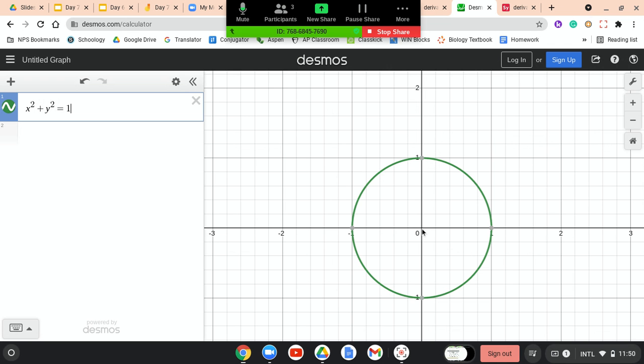No. Yeah, exactly, because the derivatives we've been calculating have all been functions. So we have to do something different if we want to find the slope of graphs that are not functions, and we call these relations. You don't have to write any of this down. I'm just previewing it. The reason we call them relations is it's just an equation that relates x and y, but doesn't write y as a function of x.